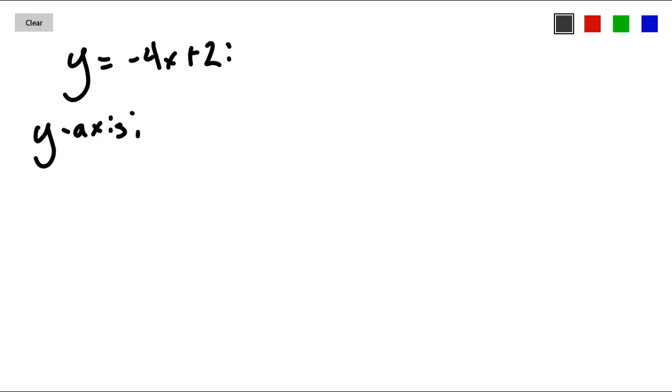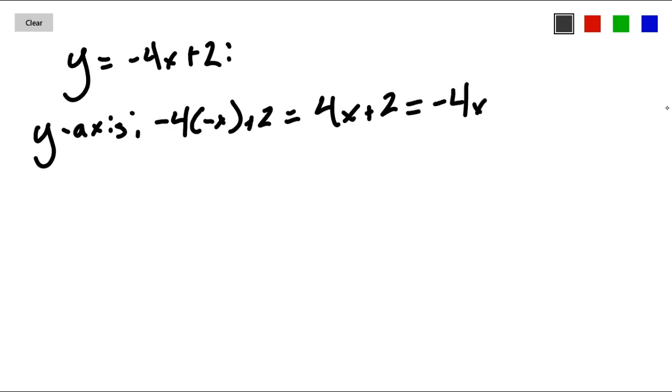So what I'm going to do is plug in negative x in the function and see if I get the original function back. So I'll have negative 4 times negative x plus 2. And this is going to give me 4x plus 2. And this is not the same because I have a 4x on one side and a minus 4x on the other side. So it's not symmetrical about the y-axis.